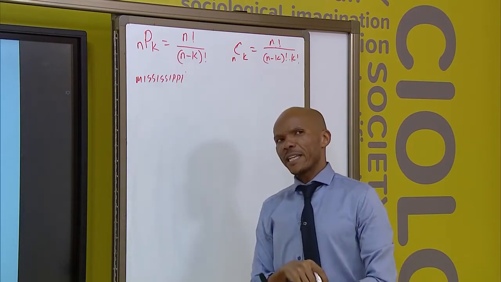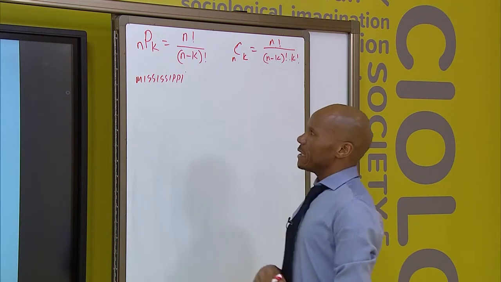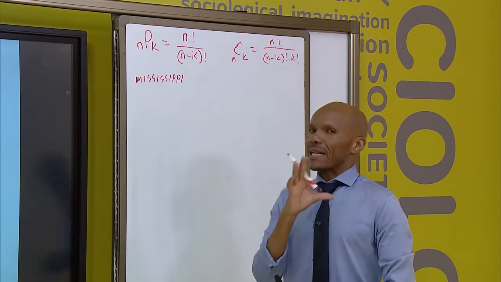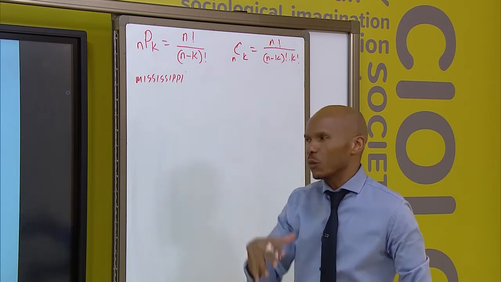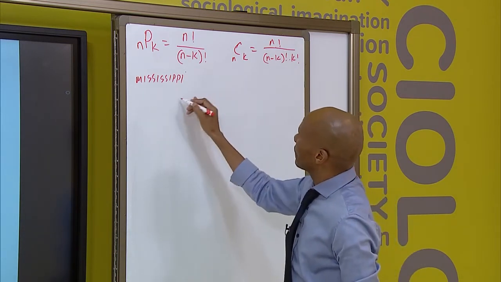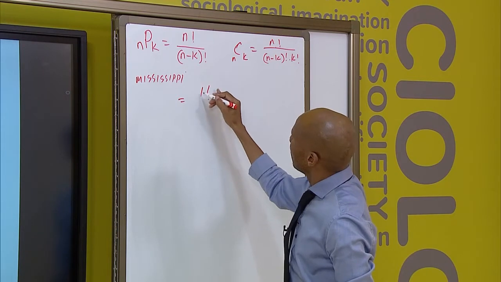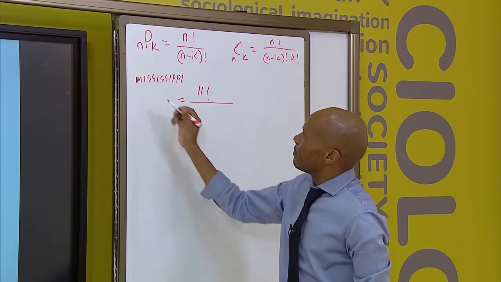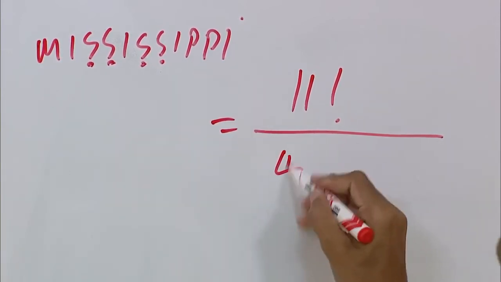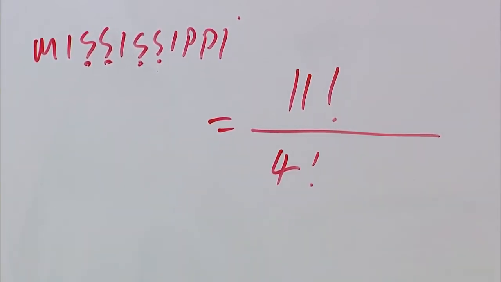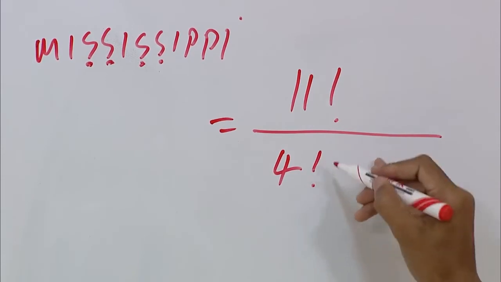It's the same question like the last one. So you say, we're going to use the counting principles, but then we are going to divide by all the repeating ones. So here we have 11 factorial, but then we've got 4 S's, so we are going to divide by 4 factorial.